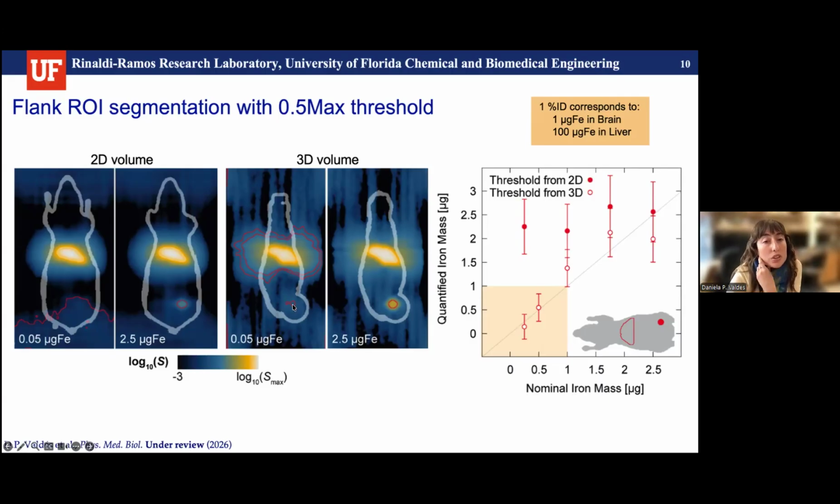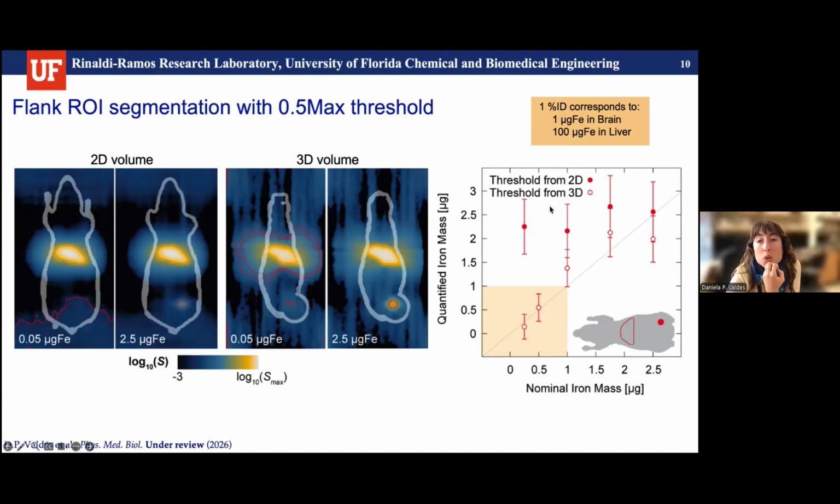Here you're not able to see it since this is a slice of the 3D volume, but these two bits are connected in 3D. So they're connected from the flank to this halo by some parts of the background. So the user cannot go ahead and cut the spillover signal from the liver that's connected to the flank in a non-arbitrary way, since they are connected.